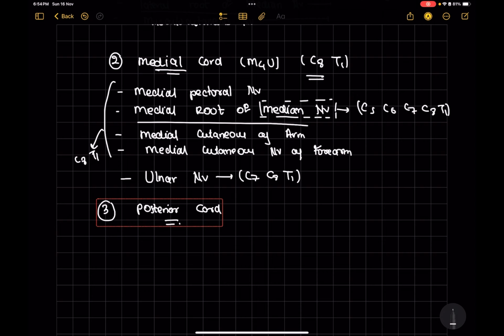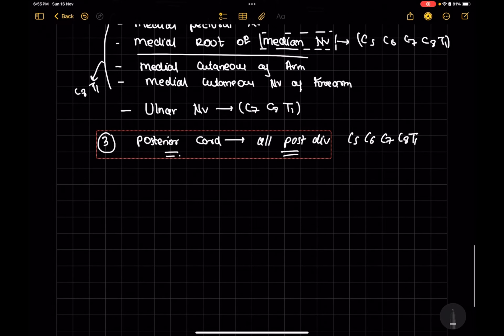Now what is the posterior cord? We saw that posterior cord arises from all the posterior divisions. So posterior cord has all C5, C6, C7, C8 and T1. Now the mnemonic that you have to remember for posterior cord is ULNAR.